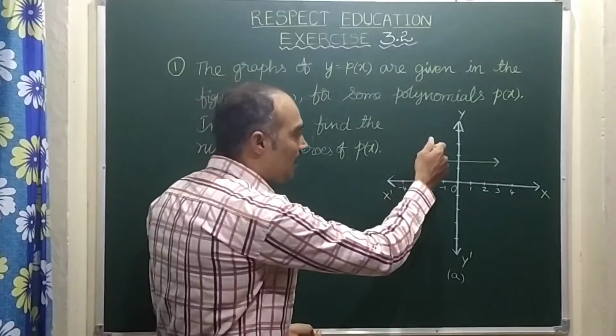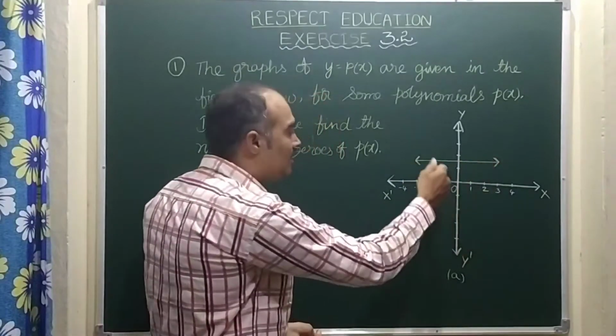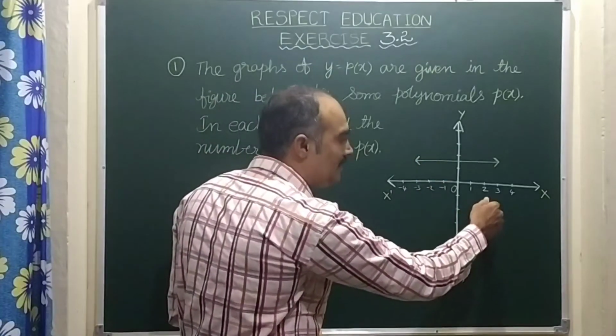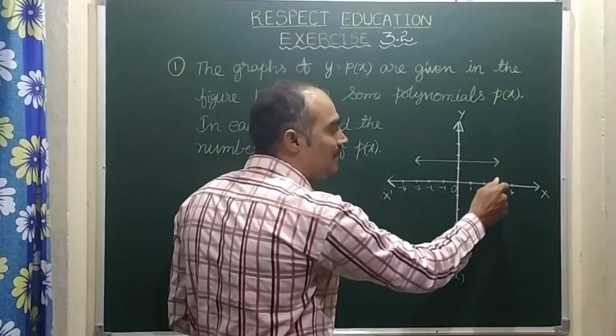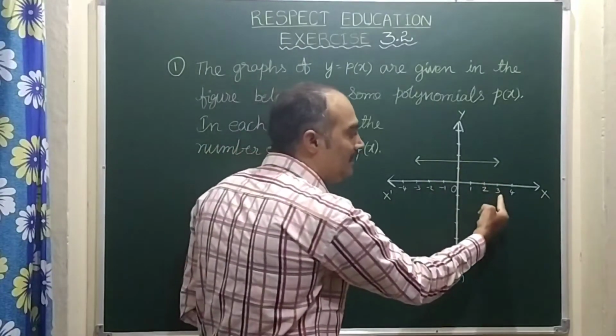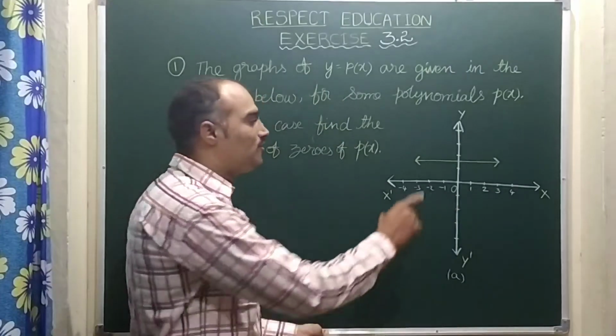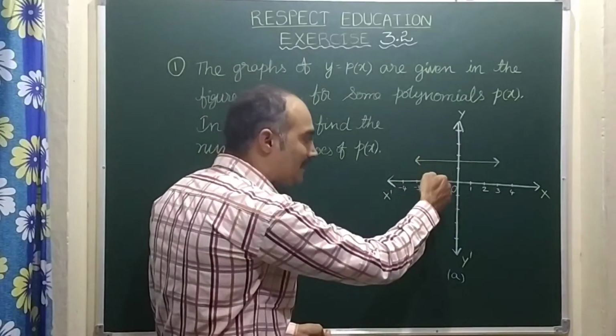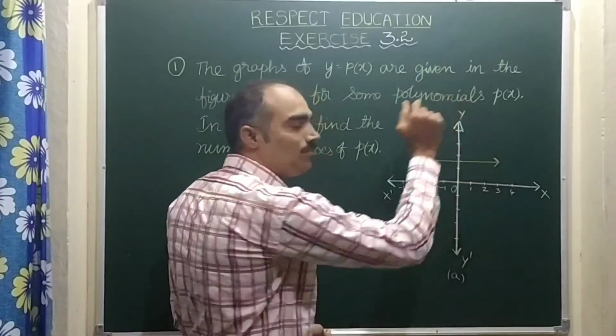For example, suppose the graph passes through minus 2 and again passes through plus 3, then we can say minus 2 is a zero and 3 is also another zero. So this polynomial has two zeros when the given graph intersects the x-axis at two distinct points.